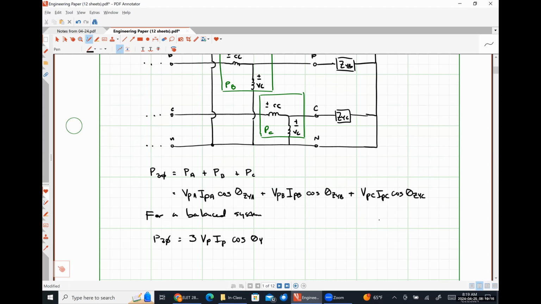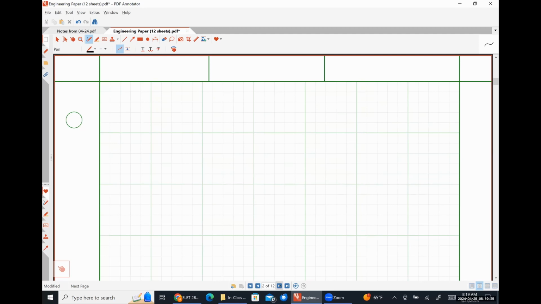For what it's worth, I'm not expecting you to use literally either of those 2 equations. Okay. So because the 2 watt meter method is what's actually used in practice, that's where I want you guys to actually pay attention to the equations and all that kind of stuff. So I'll put boxes around them to note, hey, this is what I'm expecting you to know from this.